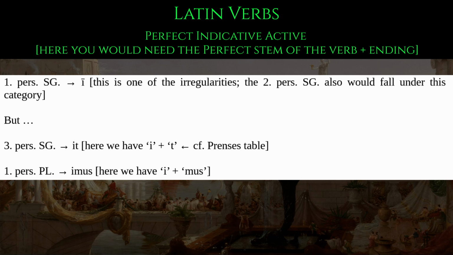So, for example, first person singular, E, that is a long E, and that is actually one of the irregularities. The second person singular also would fall under this category.